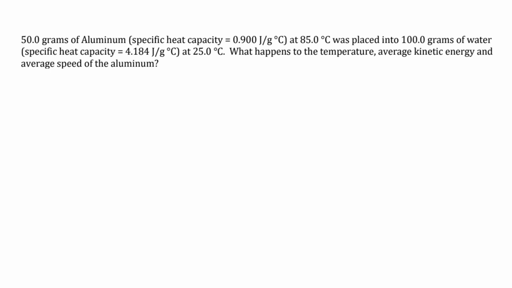Your piece of aluminum is hotter than the water that it's being put into. So heat is going to transfer from the aluminum to the water, eventually raising the temperature of the water a little bit. But the aluminum is being placed in a much colder surrounding, so to speak. So what is happening to the temperature, the average kinetic energy, and the average speed of the aluminum?